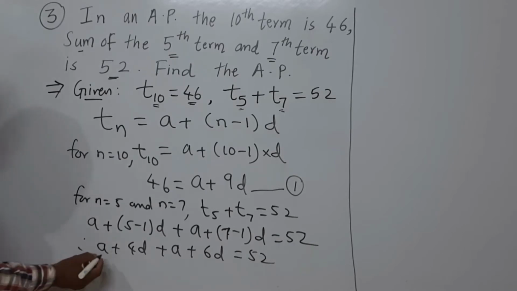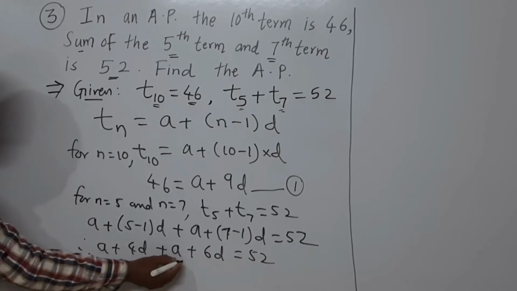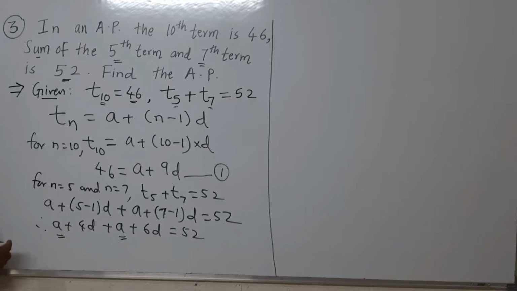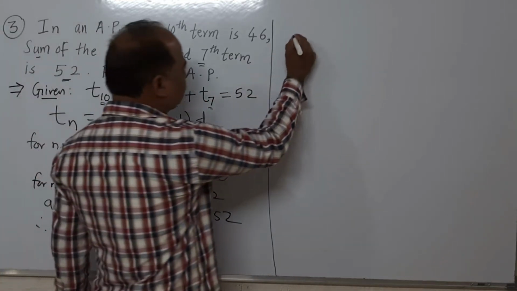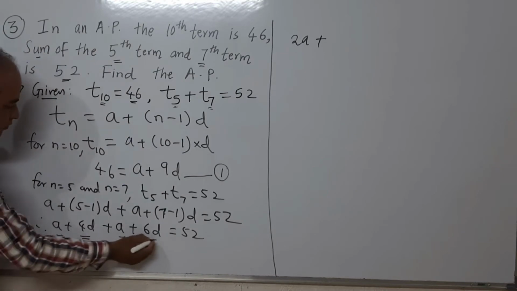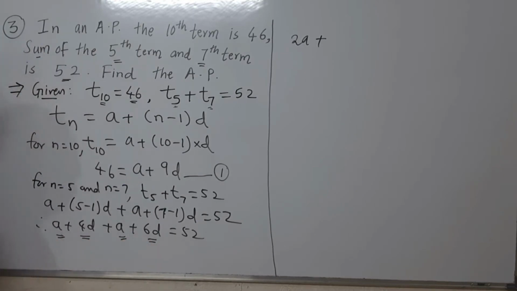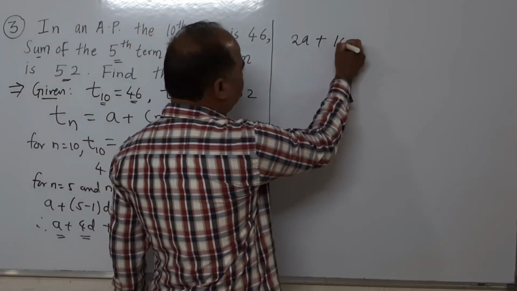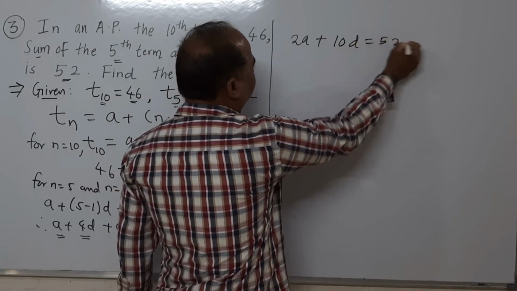Therefore, in the next step, A plus A is 2A, plus 4D plus 6D is 10D, is equal to 52.